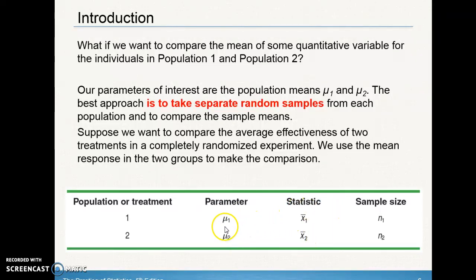Your statistic, and remember your mean is always going to be what you're going to write your null and alternative off of, your statistic is x bar 1 and x bar 2. So that's the sample that we gather. And just keep in mind, we're always gathering that sample after we've come up with the null and alternative hypothesis. And then our sample size, once again, is n1 and n2.